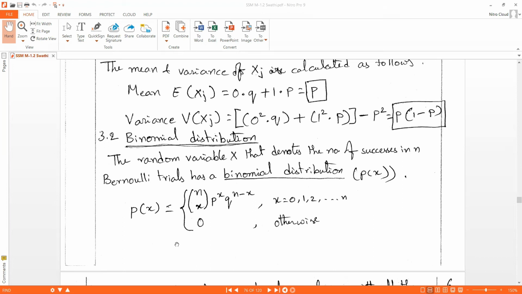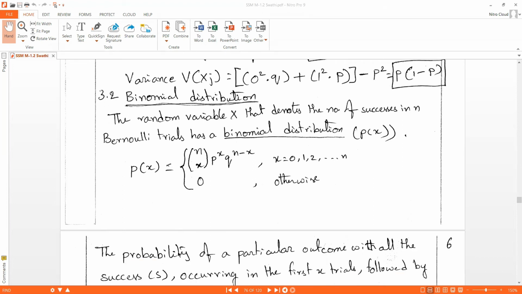This is the binomial distribution equation.